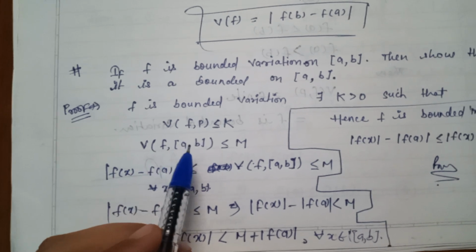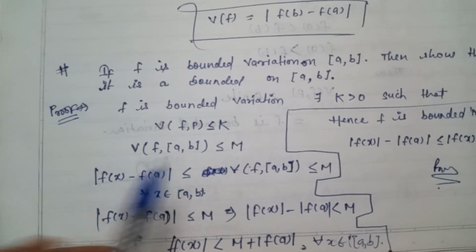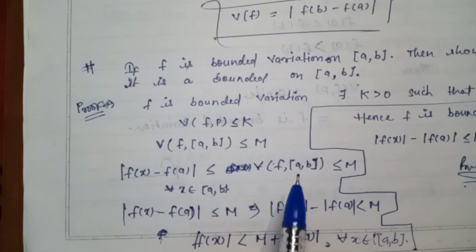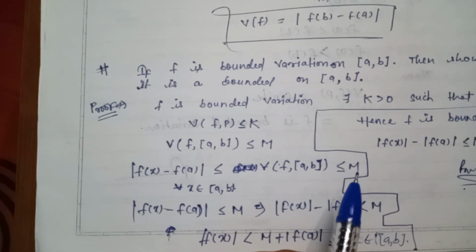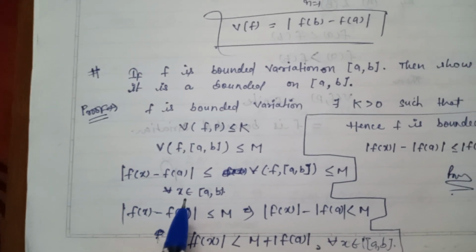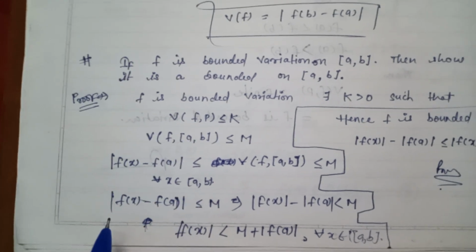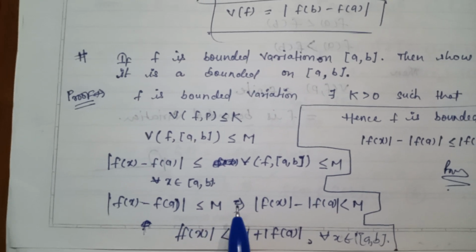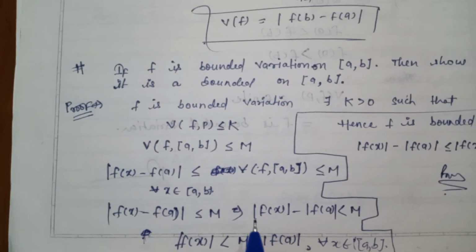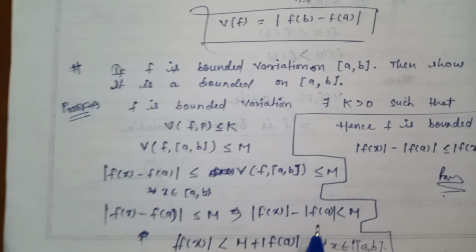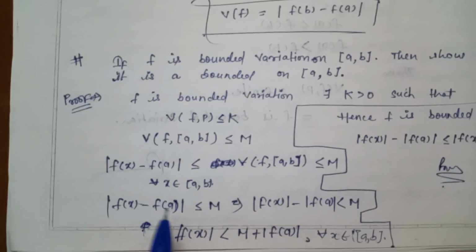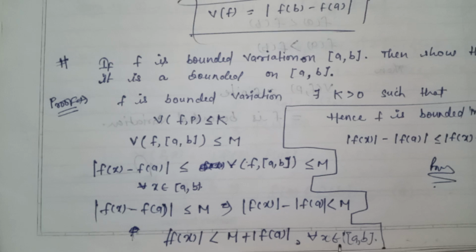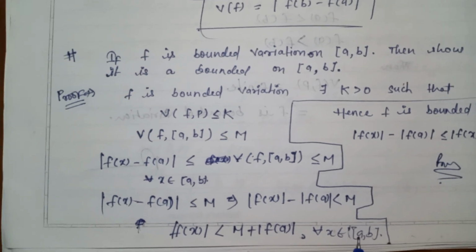So V(f, [a, b]) is less than or equal to M. Now |f(x) − f(a)| is less than or equal to V(f, [a, b]), which is less than or equal to M for all x belonging to [a, b]. |f(x) − f(a)| is less than or equal to M implies that |f(x)| − |f(a)| is less than M. So |f(x)| is less than M + |f(a)| for all x belonging to the closed interval [a, b].